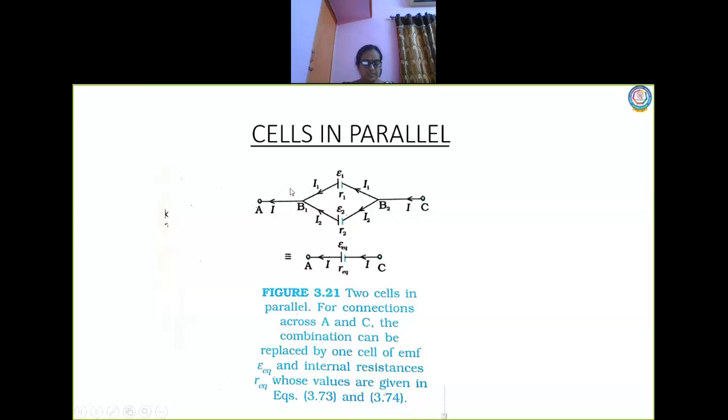At the point B1, look at the point B1, children, I1 and I2 flow in towards B1, and after they pass through this terminal, the current emerges out as I.